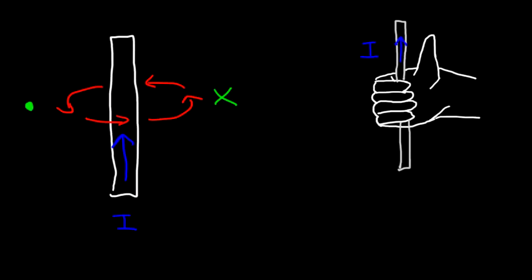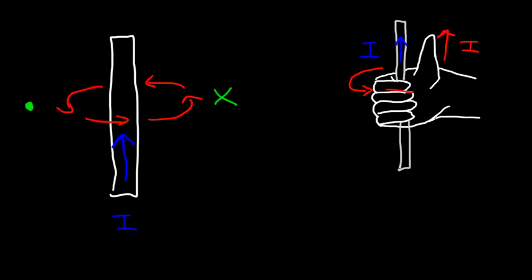Try that. So here's a picture that describes it. As you can see, you want the thumb facing the direction of the current, which is upward. And as you curl your hand around the wire, notice the way your hand curls around it. On the left side, you can see how it's coming out of the page.